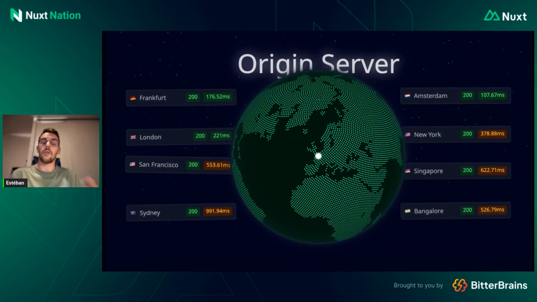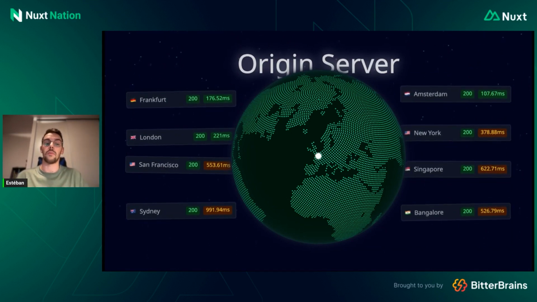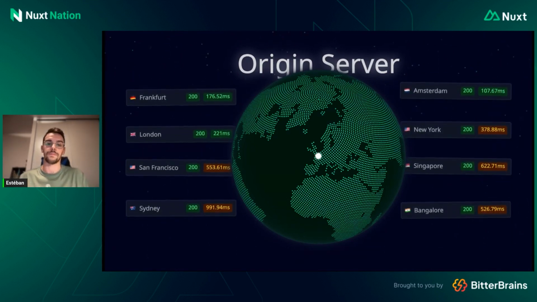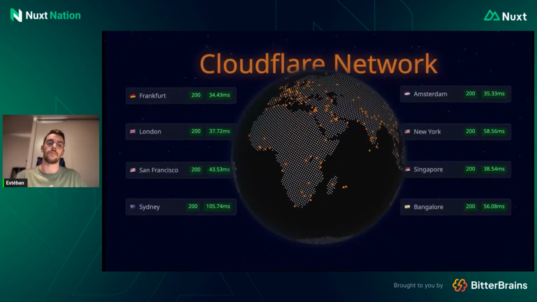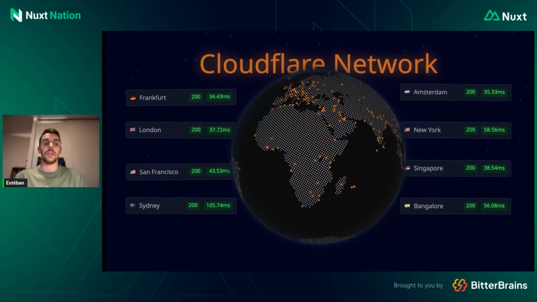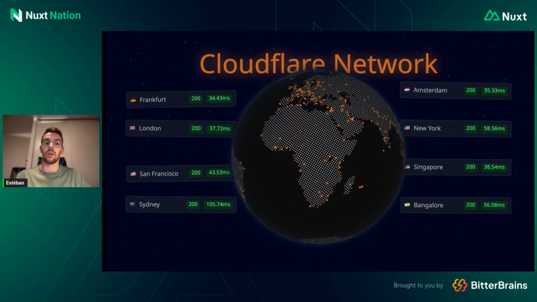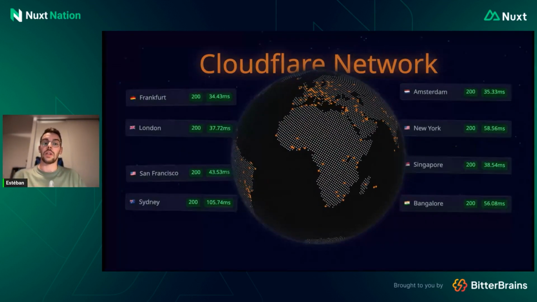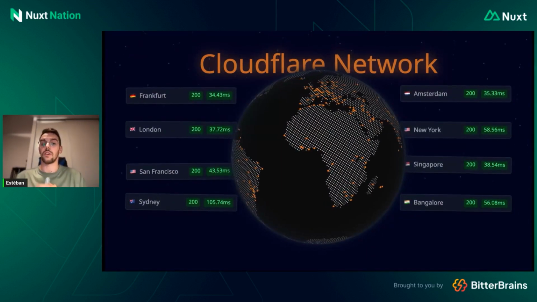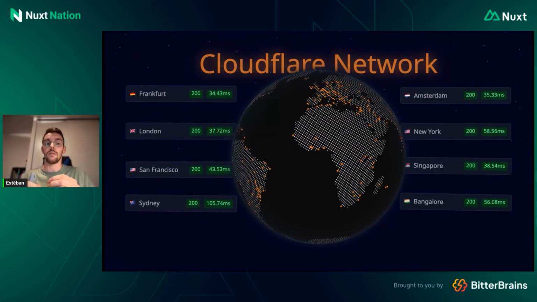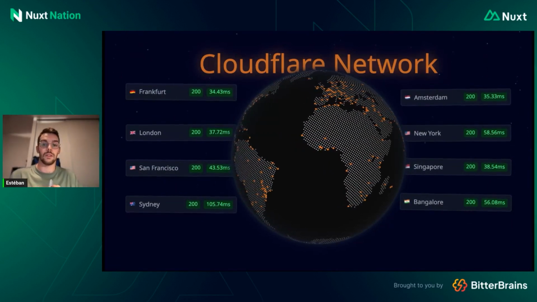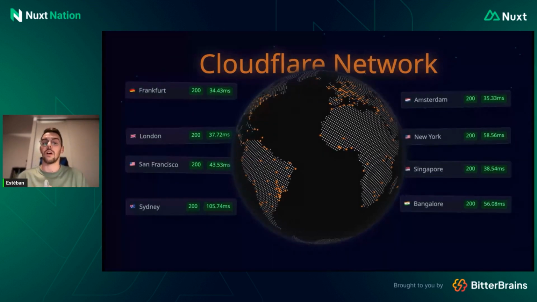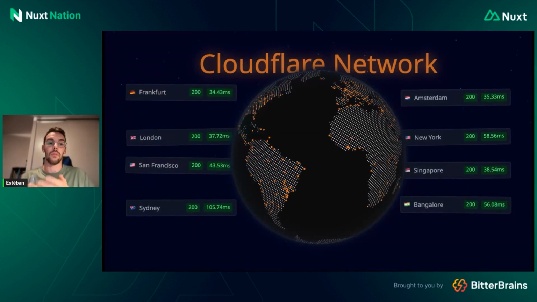Now that we know how traditional applications are built and deployed, let's see how Cloudflare is rethinking this. First, let's talk about the Cloudflare network, which is the foundation of all of their services. With a network of over 330 data centers, each little dot on this beautiful map, Cloudflare is within 50 milliseconds of 99% of the population.